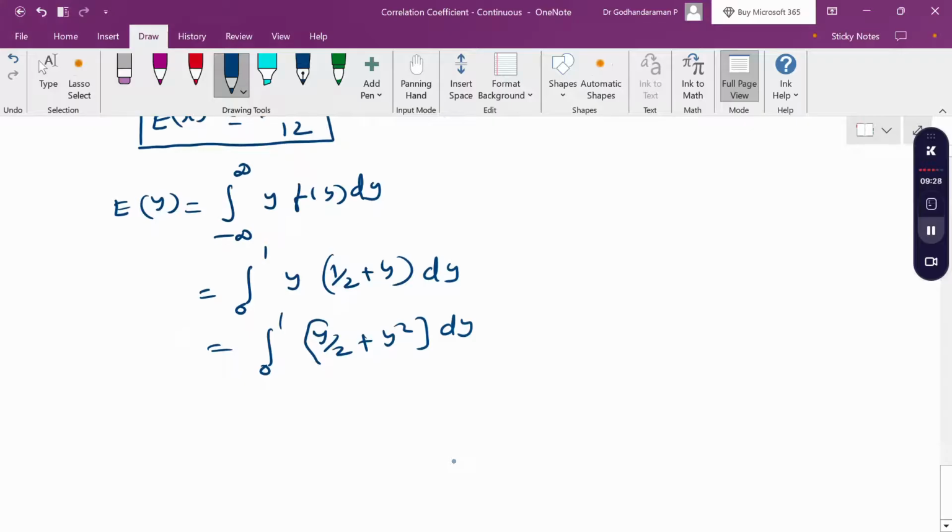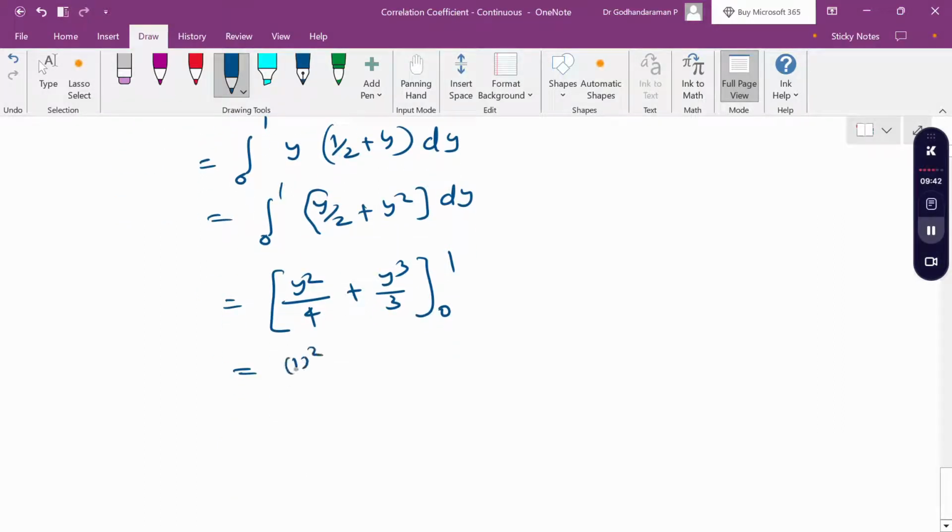So when I integrate y with respect to y, y square by 2, already 1/2 is there, so 4, y square integration y cube by 3, 0 to 1. So substitute upper limit 1 square by 4 plus 1 cube by 3. This is upper limit. Minus of the lower limit 0 plus 0.